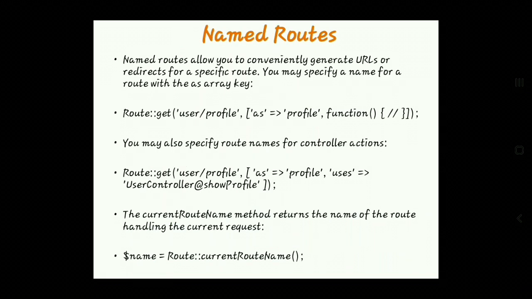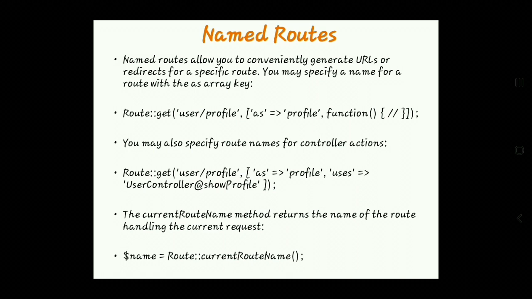Named routes allow you to conveniently generate URLs or redirects for a specific route. You may specify a name for a route with the as array key. So for named routes, we have here a route get user profile, also as equal to profile, with a function and a parameter.